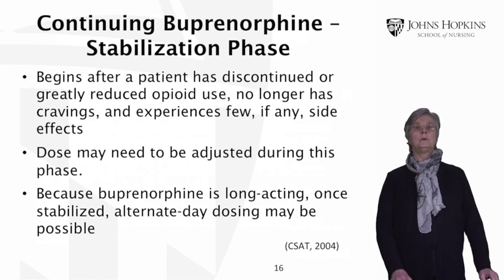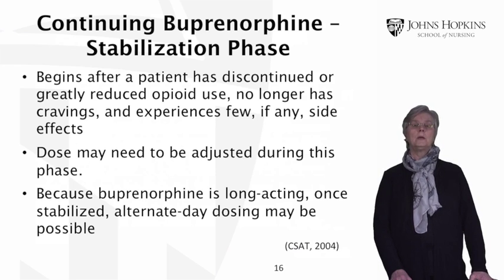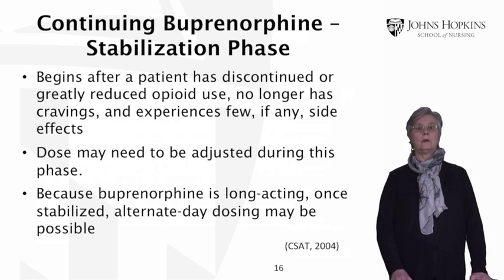In continuing buprenorphine, we move to the stabilization phase, which begins after a patient has discontinued or greatly reduced their opioid use. They no longer have cravings and experience few, if any, side effects. During this stabilization phase, the dose may need to be adjusted, and because buprenorphine is long-acting, once stabilized, alternate day dosing might be possible.